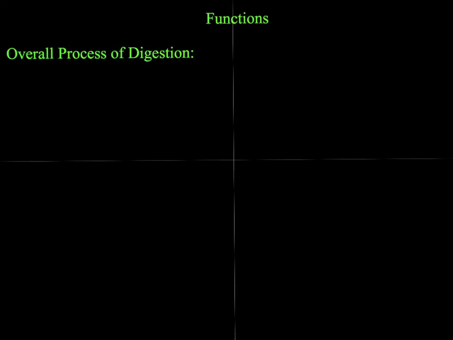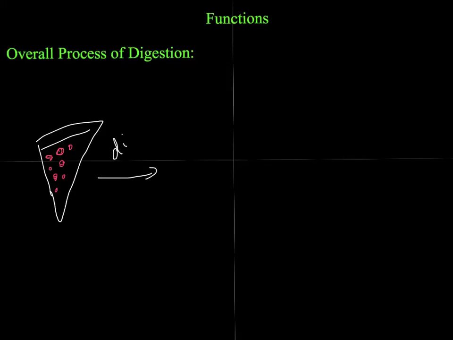So in the overall process of digestion, we want to take food, preferably something we like, and we want to break it down into smaller pieces or molecules, which you now know is called digestion, right? And those smaller molecules are called macromolecules.